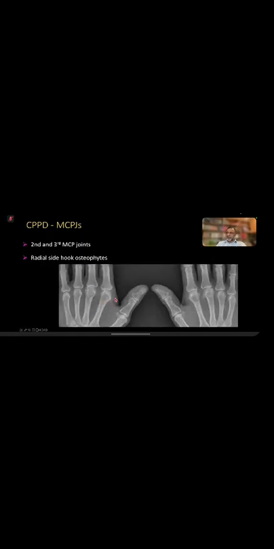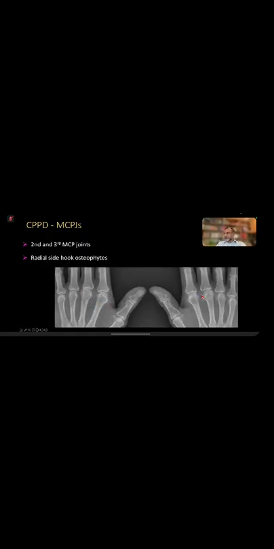And there we go. Joint space is reduced, osteoarthritis on both sides, and we can see that they are hook osteophytes. In osteoarthritis, we said second and third MCP joints can be involved without any osteophytes. So when you see osteophytes, think of CPPD. You can see the osteophyte there, and there.